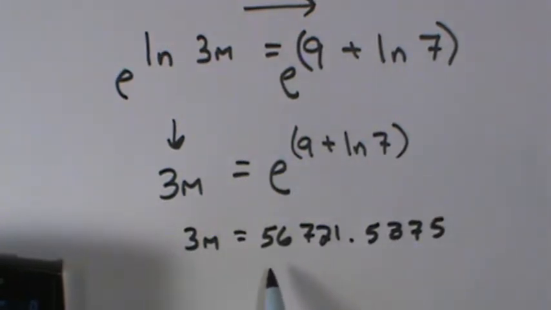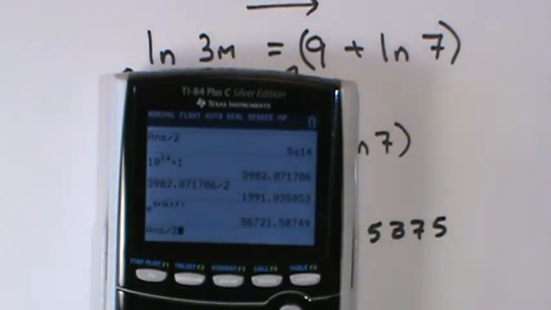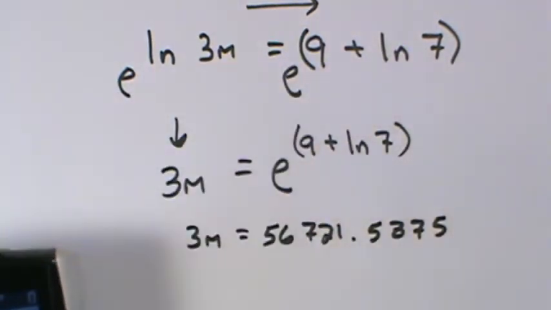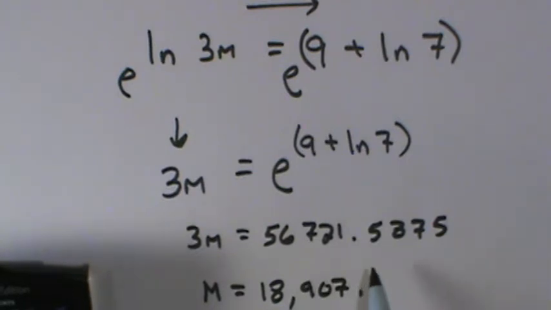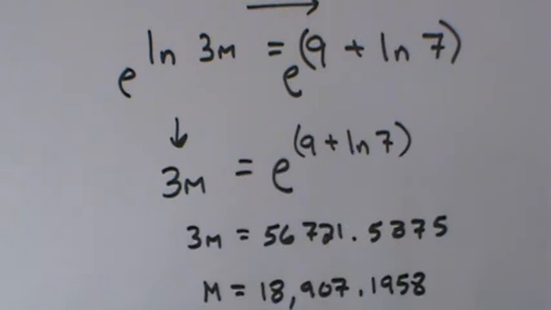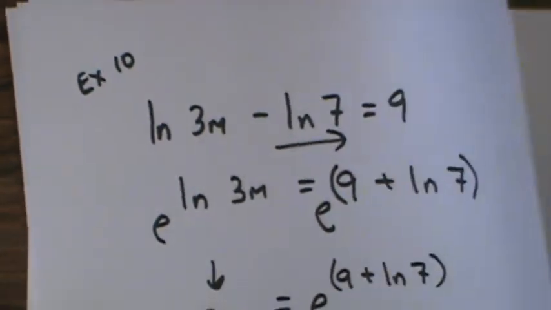And then I have to divide by 3. So then I divide by 3 and I get m is equal to 18,907.1958. And so that's an example of how you can solve using your logarithms.